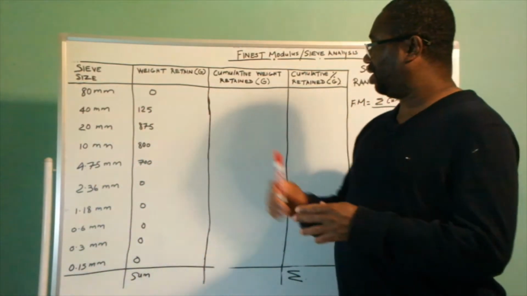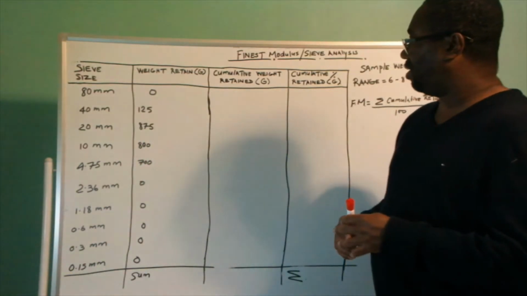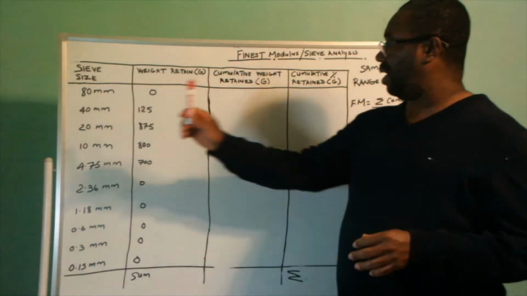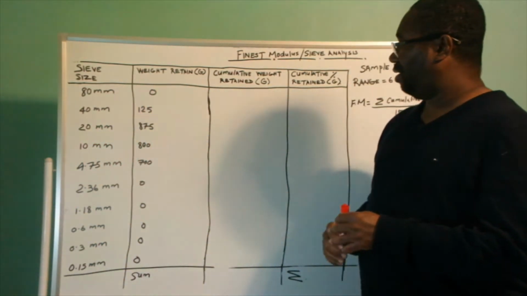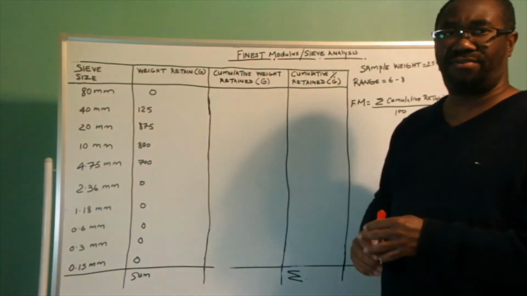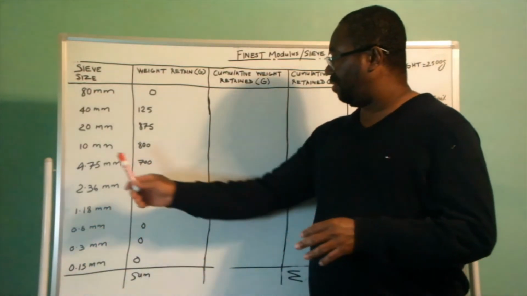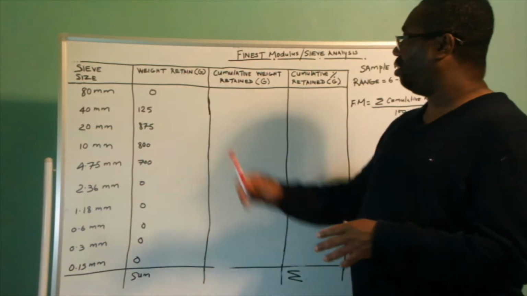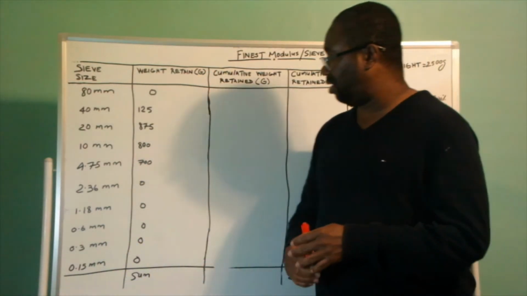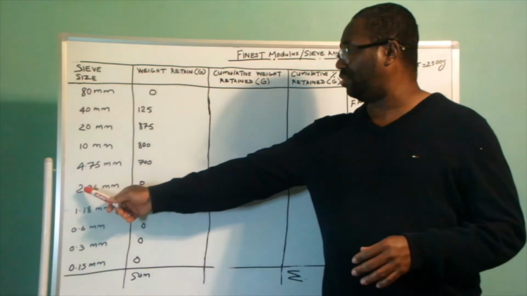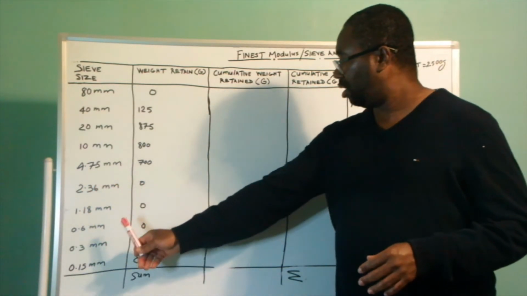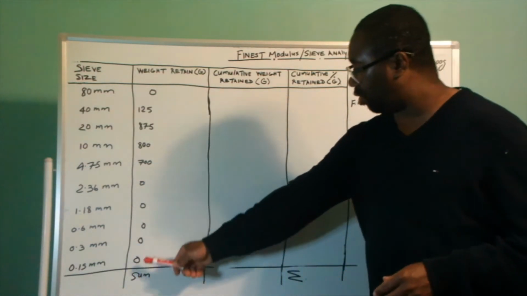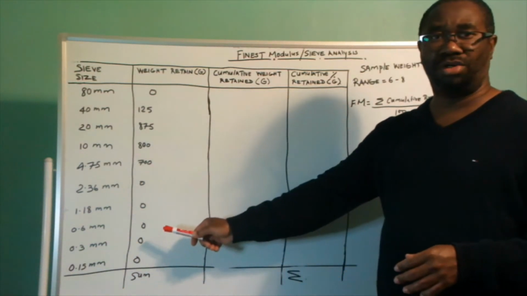The 20 millimeter sieve, 875 grams of material was retained, and the 10 millimeter sieve, there was 800 grams of material retained, and the 4.75 millimeter sieve, 700 grams of retained material. And from 2.36 millimeter down to 0.15 millimeter, you can see that 0 aggregates was retained.